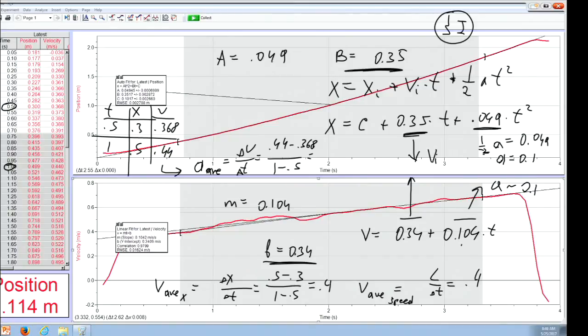Well, I know how to divide by 0.5, but 0.44 minus 0.368 is above my abilities. So it's going to be 0.072 times 2, 0.144 meters per second squared. Okay, that's what I want to write down.